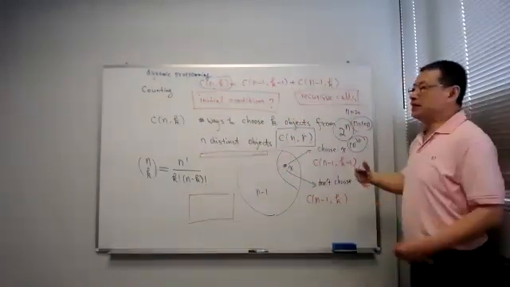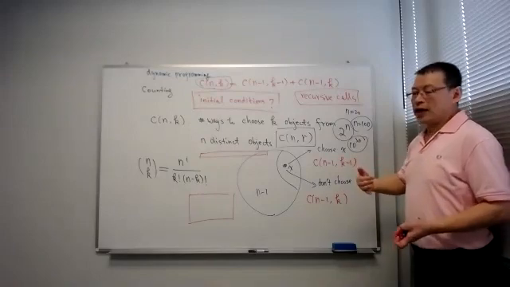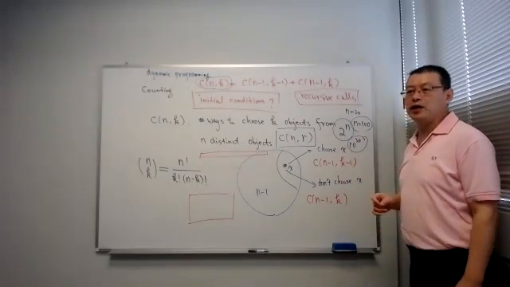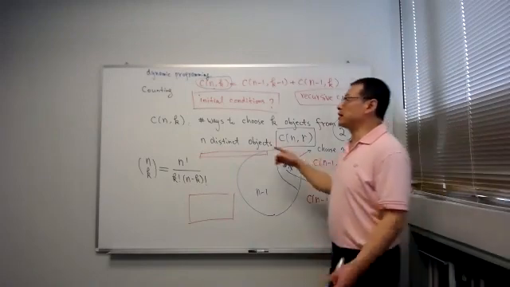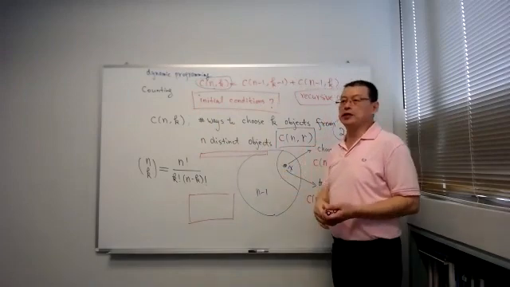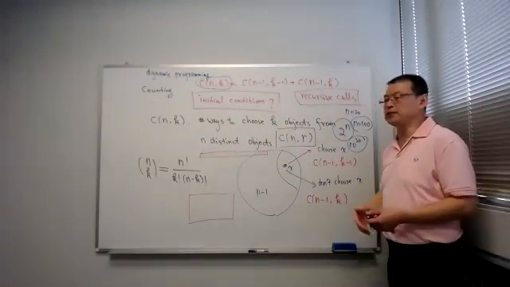But here the main point is that recurrence relations really come into play very often when we design algorithms, and of course when we do counting. So both in counting and in designing algorithms, recurrence relations play a very important role.